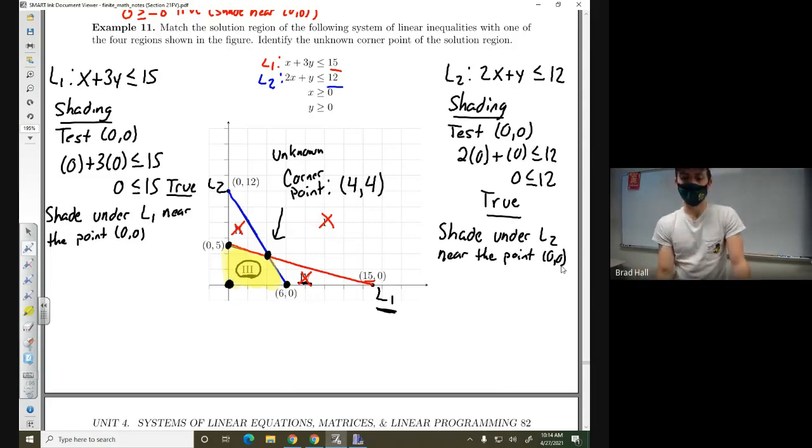So I believe that's 4, 4. And so that would be the unknown corner point. And you could tell that by just looking at the graph. That would be solving a system by graphing, as we talked about in the very first section of this unit.